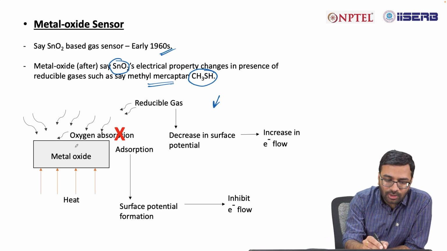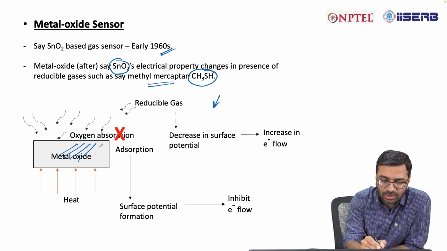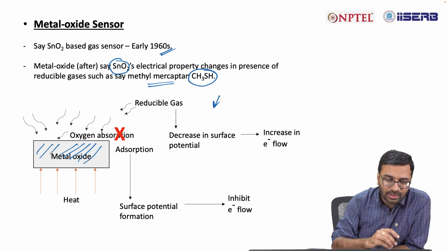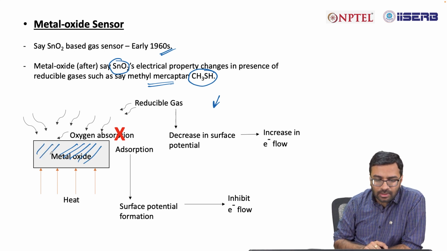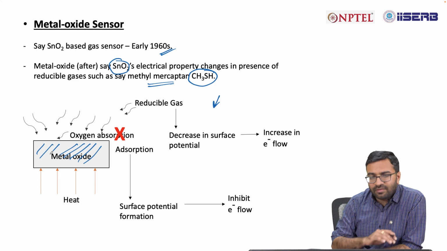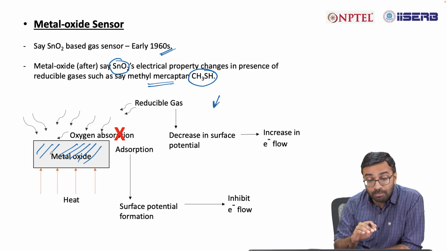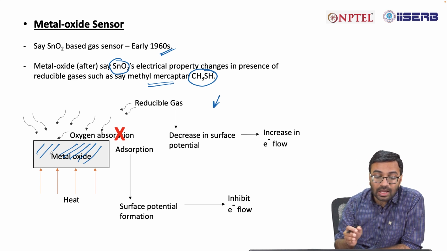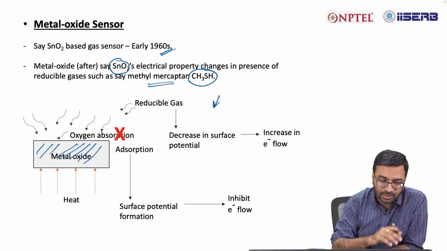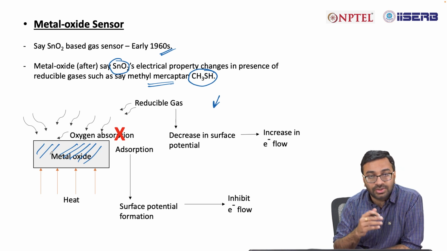So if you have a metal oxide, in this case I am just showing the active material part of the sensor, then the metal oxide usually has a surface potential associated with it because of the adsorption of oxygen, not absorption. Absorption is something different.